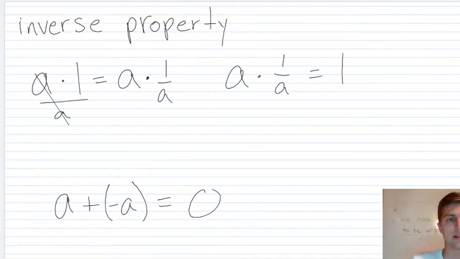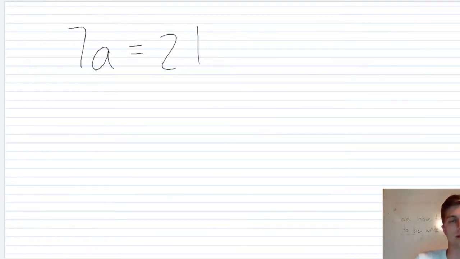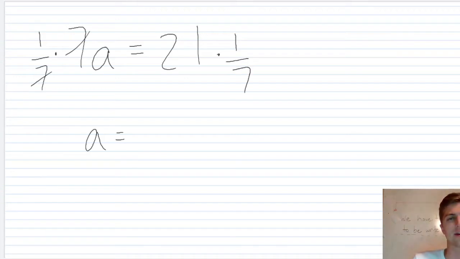With the inverse property, how do we cancel out multiplication by a number? We use the reciprocal of that number. So we multiply by its reciprocal, cancel, cancel. We're left with a over here, but what we do to one side, we have to do to the other. 21 times 1 over 7 equals 3.